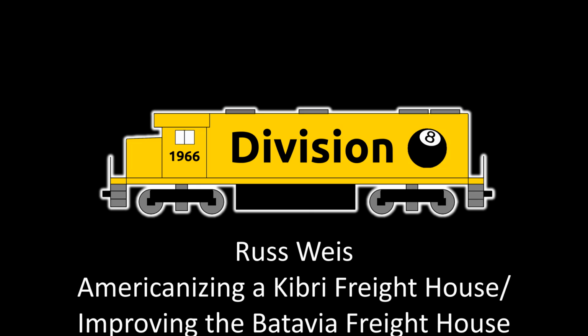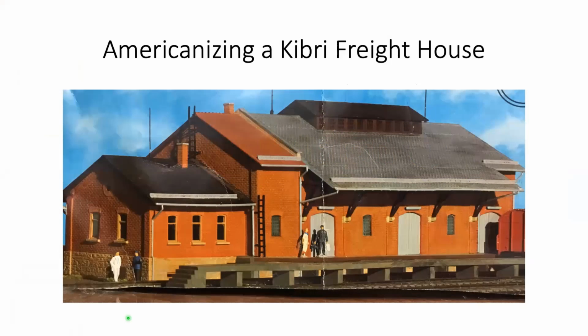Most of you who are viewing today have seen the current layout, and a few of you probably remember the old layout. So in the June 1988 issue of Model Railroader, Jim Hettinger wrote about Americanizing this Kibri freight house.